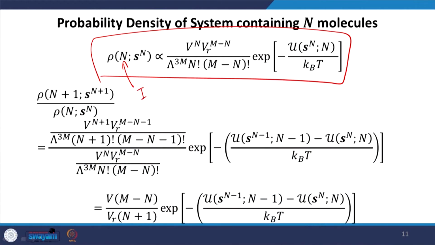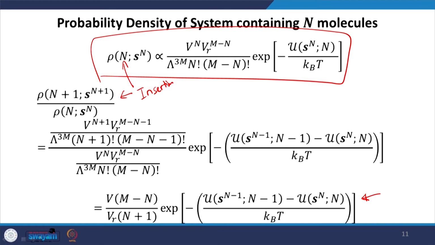So, when I am doing insertion, I am interested in the ratio of the probability density of the new state that has n plus 1 molecules relative to the old state that has n molecules, and it is their ratio that will dictate our transition, because metropolis basically goes towards or favors more the states which are having higher probability. This is what is there in the metropolis, and therefore, we should compute this particular ratio, right.